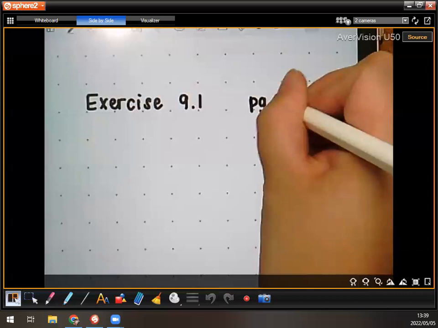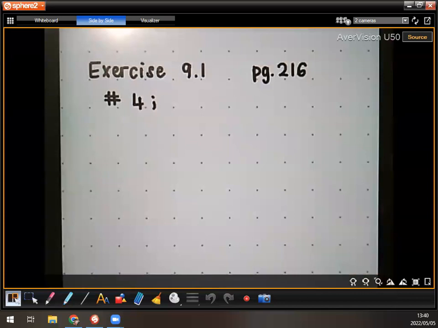Okay, I actually don't have space left on this page. All right, I think it's the same exercise. Oh, I actually just wrote an equation down. Okay, so it's exercise 9.1 on page 216.